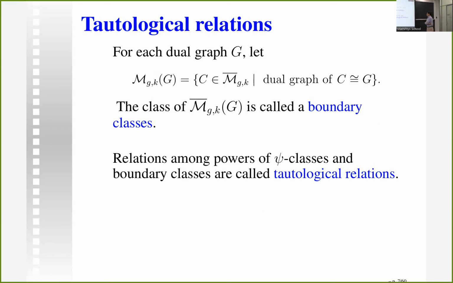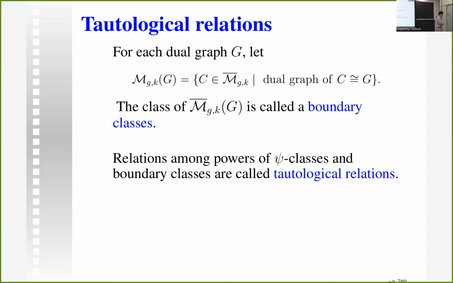If we look at the set of all curves whose dual graph is isomorphic to a given graph G, this of course is a subspace in the moduli space, and you can take the closure of that. This gives us a homology class. Of course, you can take Poincaré duality and get a cohomology class, and we call those classes boundary classes. So the relations among powers of psi classes and boundary classes are the tautological relations.